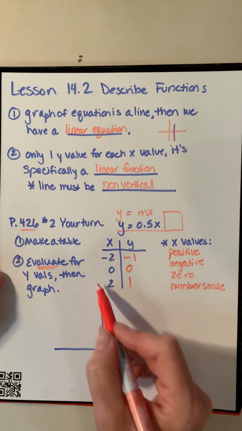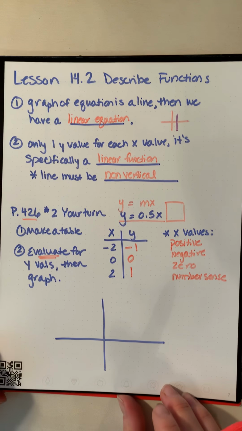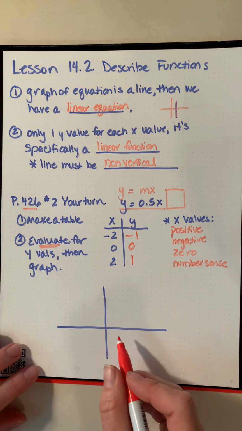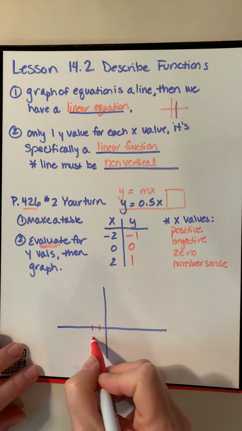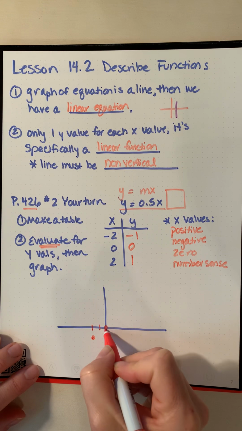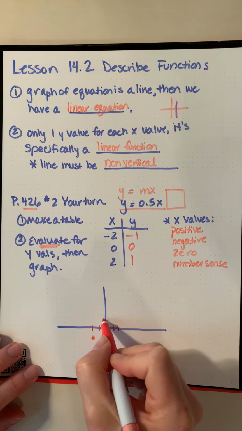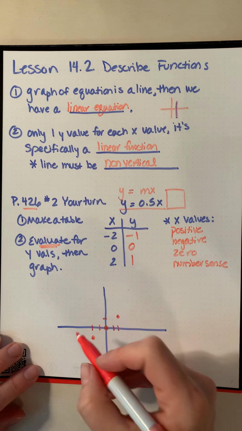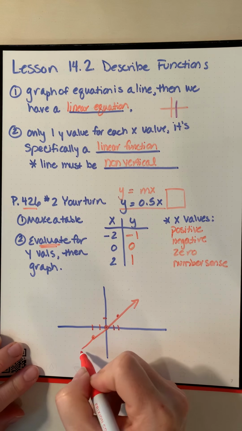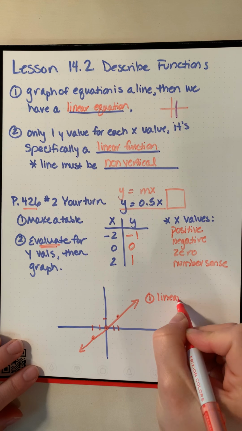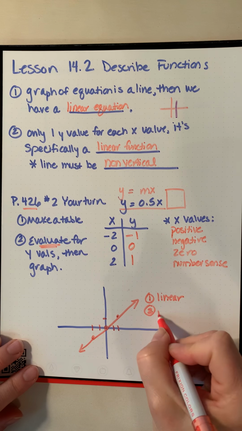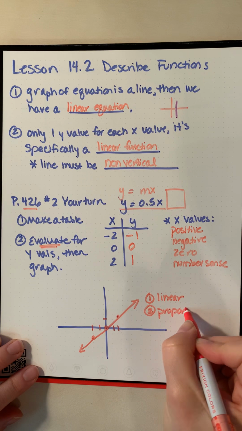And of course, now that I have those points, I can simply graph. Okay, and I'm just going to eyeball this one. In this case, x is -2, y is -1; 0, 0; and then 2, 1 is going to be about here. And when I connect those, I can see a couple things. 1, this is linear. 2, I can see it's proportional.